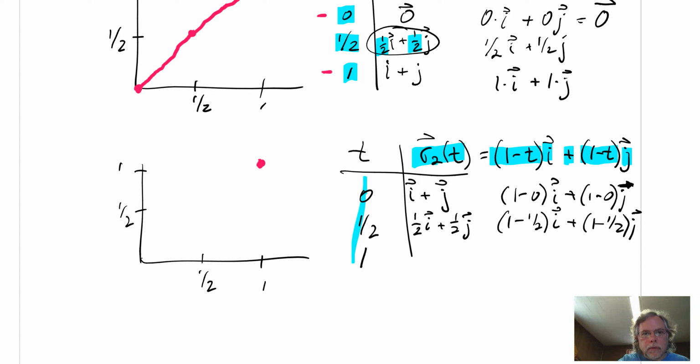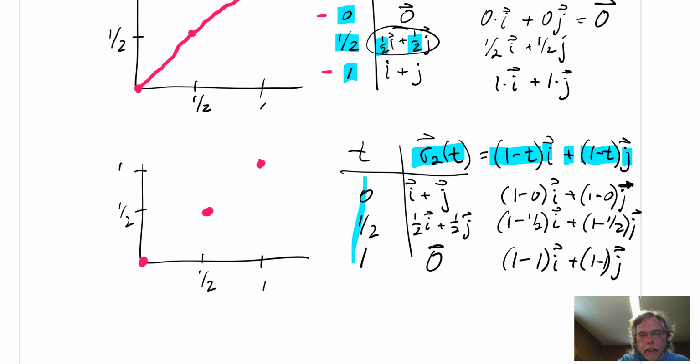So the terminal point of that vector is here. And then in our table, the next t value is 1. So we're going to plug that in. We get 1 minus 1 times i plus 1 minus 1 times j. That's 0i plus 0j. So that's the 0 vector. The terminal point of the 0 vector is the origin here.